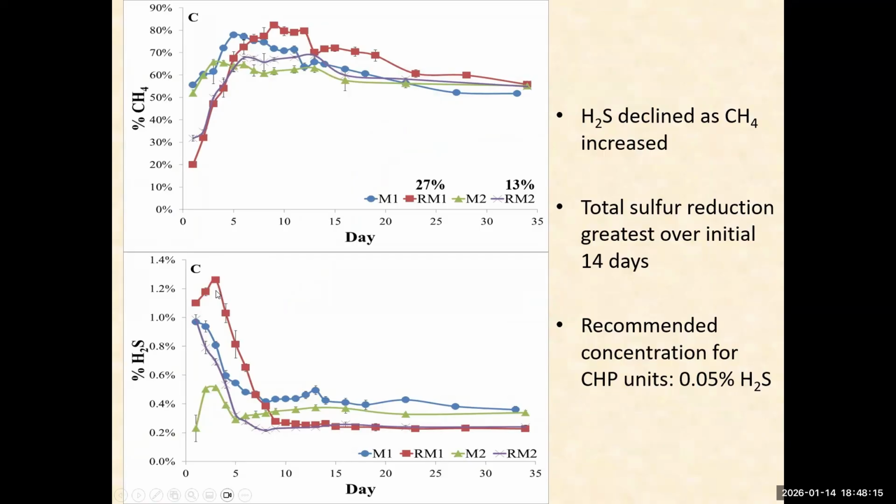However, that H2S production rapidly declined as methane production increased, likely due to the rapid utilization of that sulfur substrate that occurred over those first 14 days. And we can also point out that during peak methane production, we obtained high concentrations of methane, greater than 67%, in the biogas with radish co-digestion.